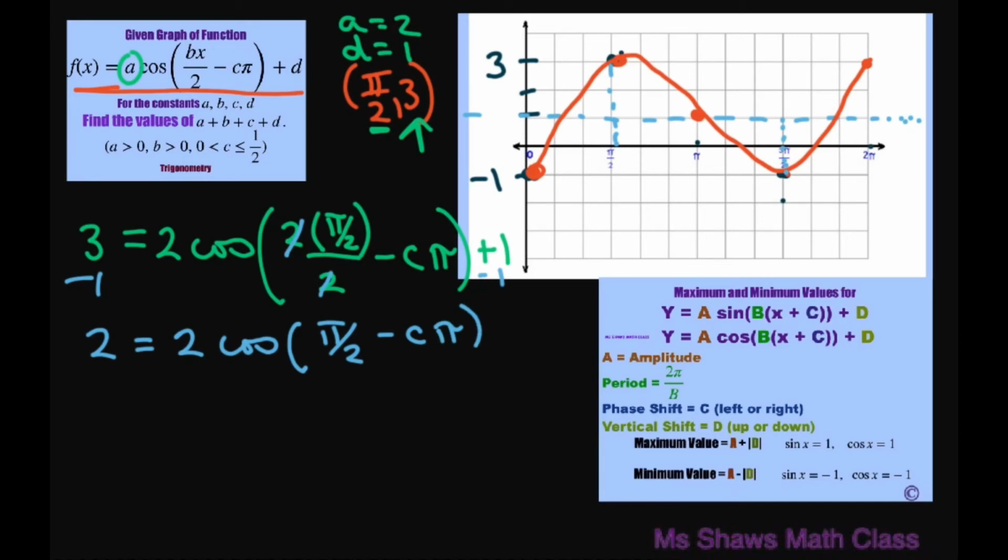All right, let's divide both sides by 2. So we're going to get 1. I'm just dividing by 2 here. So you get 1 equals cos of pi divided by 2 minus c pi.